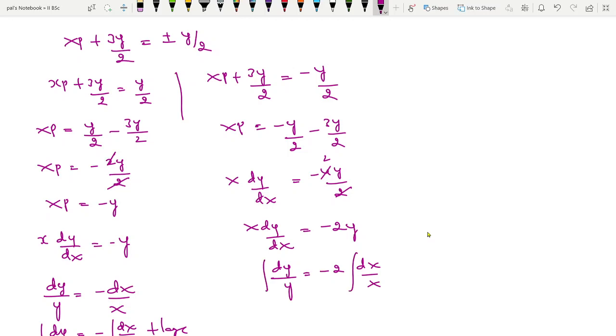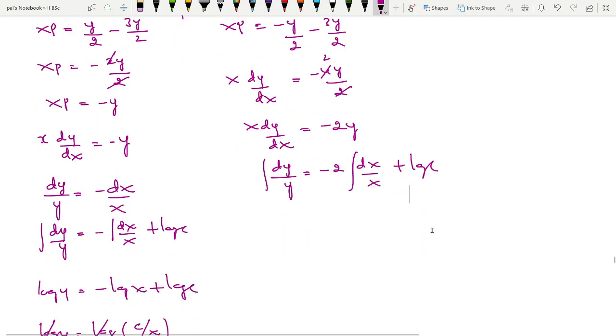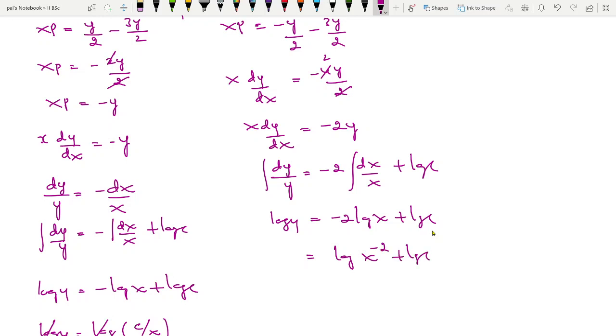Integrating this, take the constant of integration as some log c. Integration of 1 by y is log y. So log y is equal to minus 2 log x plus log c, which is equal to log of x to the power minus 2 plus log c, that is log of c into x to the power minus 2, because log a plus log b is log ab.